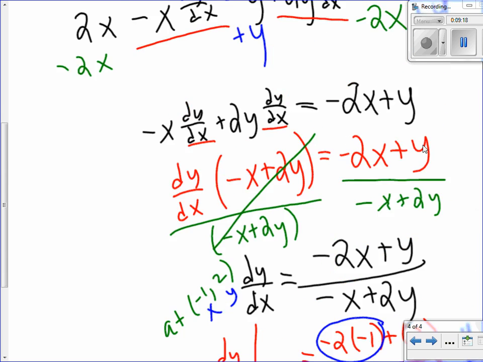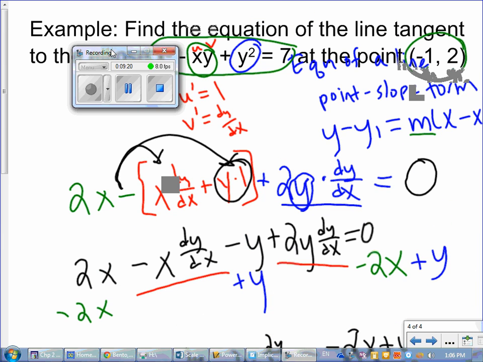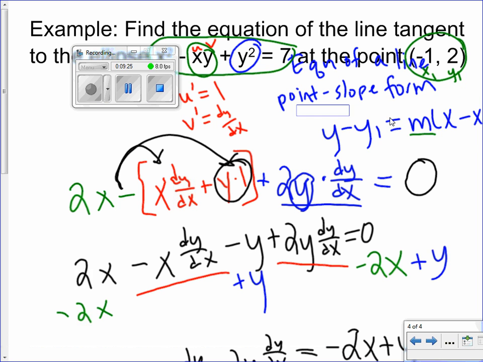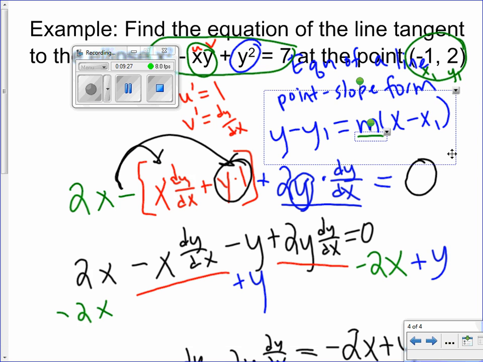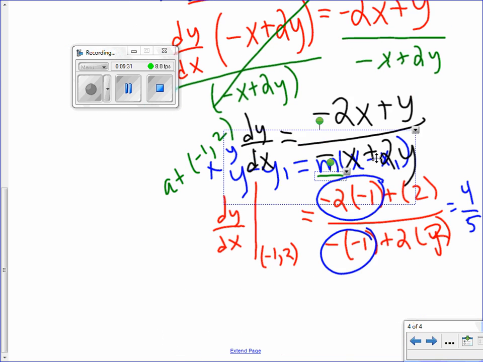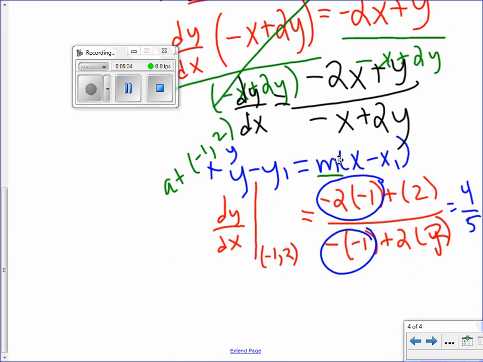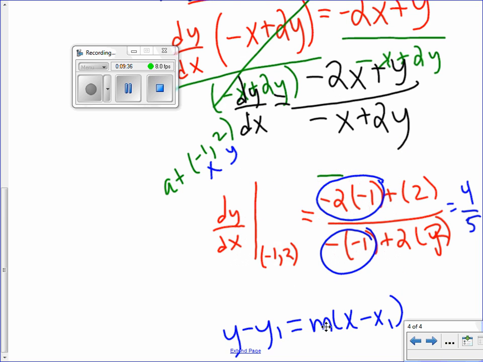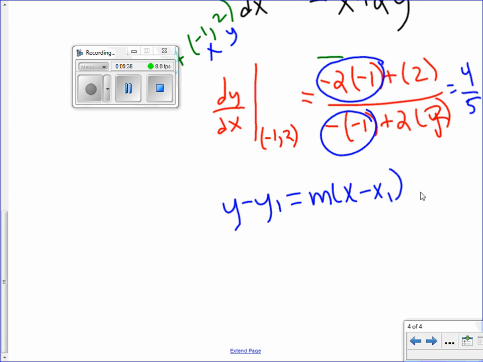So going back to my original question, what's the equation? I'm going to use my point slope form of a line that I have right here. And let's see if I can pull this down. And I now have all of the pieces. So for my equation, I will have y minus y1, which remember is 2, equals the slope that I just figured out, x minus the x coordinate.